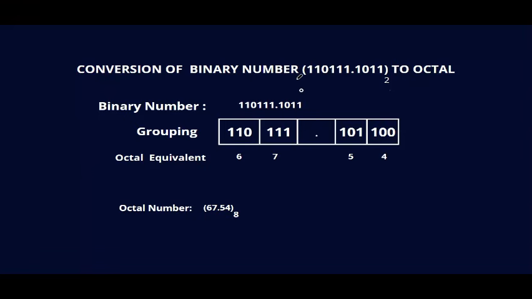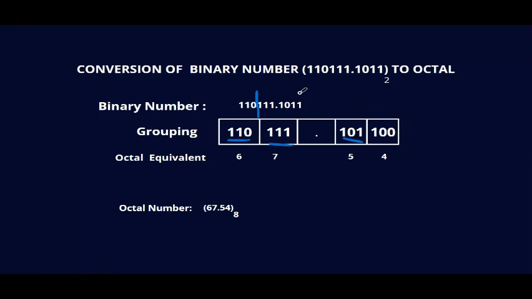So we are grouping this number from the binary point. In a grouping by 3 from the left of the binary point, we get numbers 111 and 110.